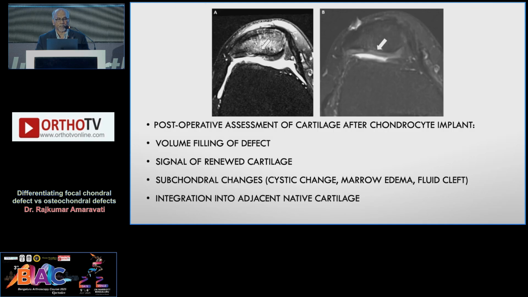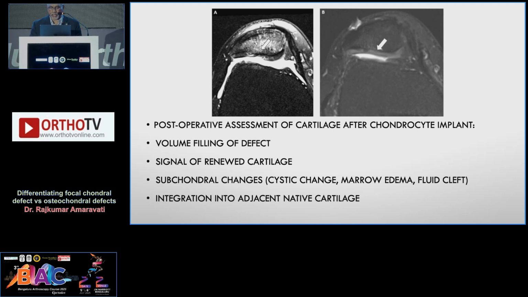When we treat them, we should look at the treated area, whether there is any edema around it, whether there is a fluid cleft that has come around, or if there are any cystic changes developing in the treated area, and whether the cartilage that you replaced or treated has integrated with the native tissue.